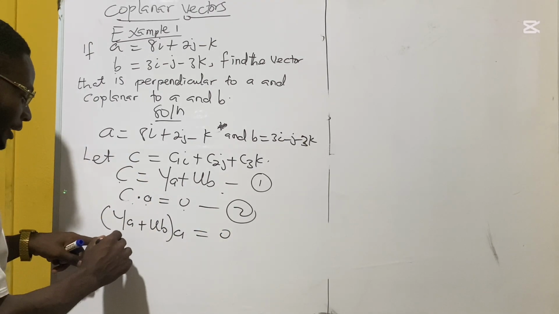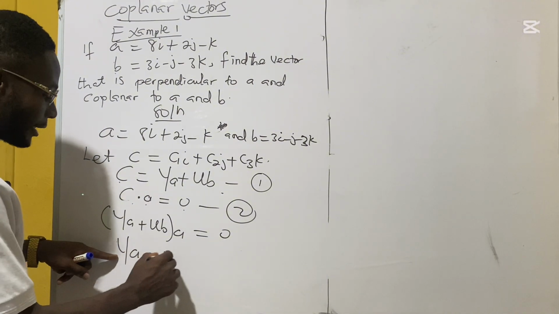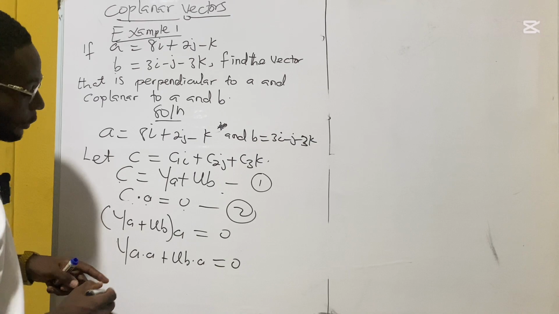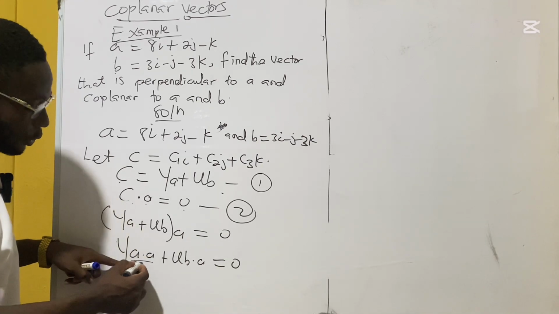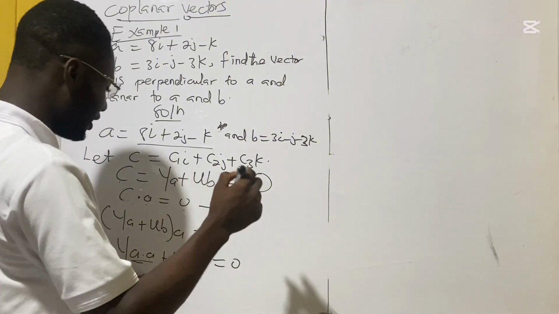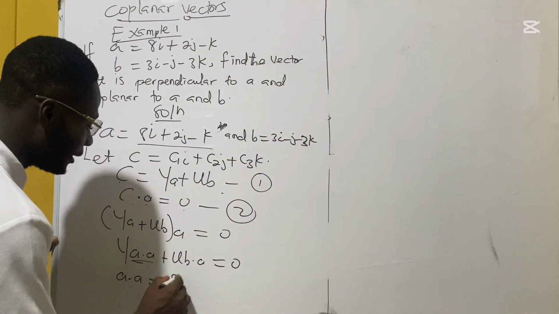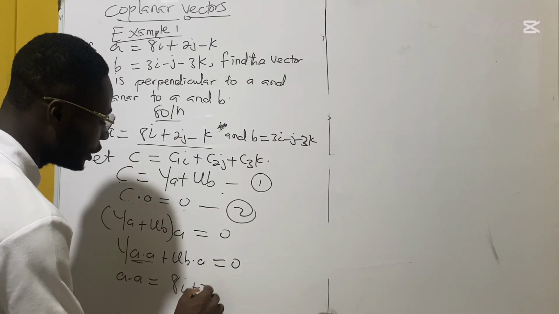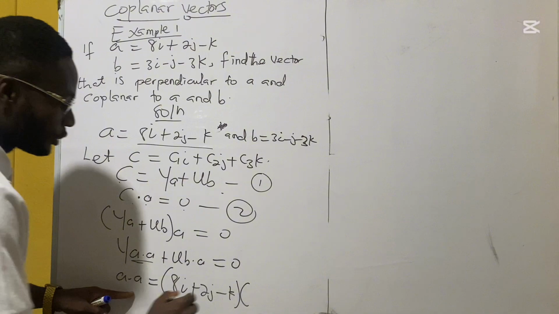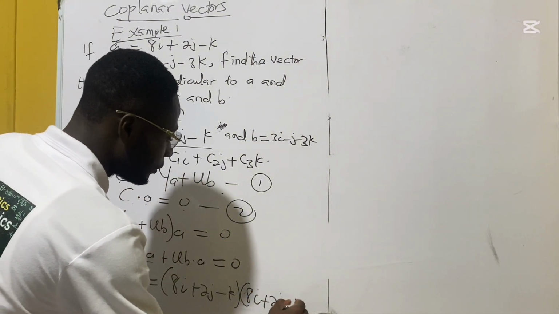Okay, so we expand it. We have gamma A dot A plus mu B dot A, and that is equal to 0. But we can obtain A dot A from here. So let's try to find A dot A. A dot A will be 8i plus 2j minus k times itself.